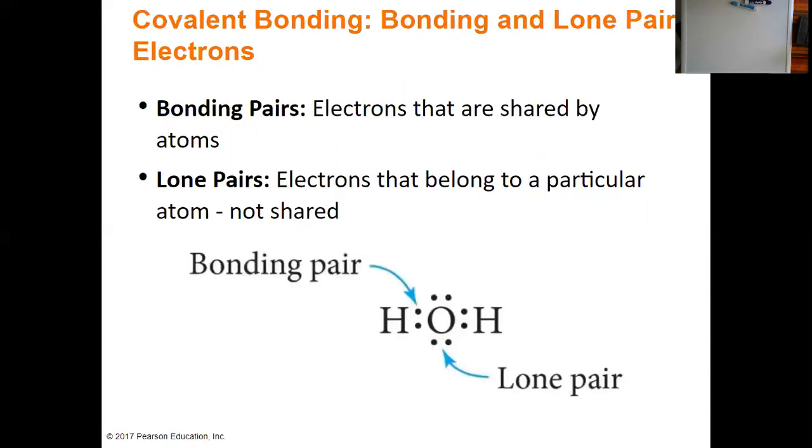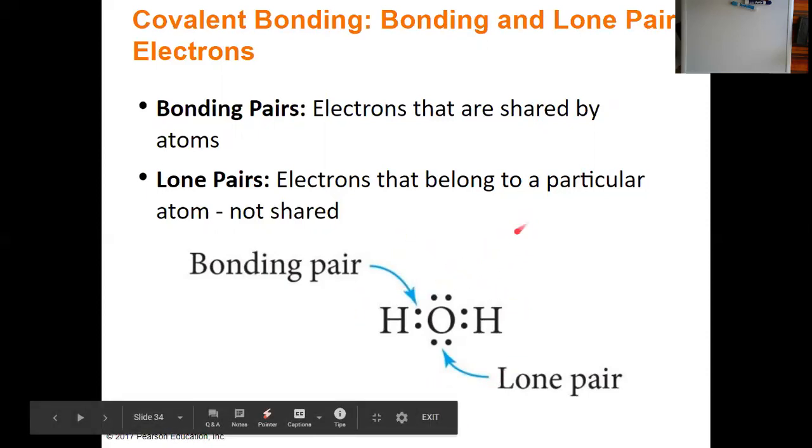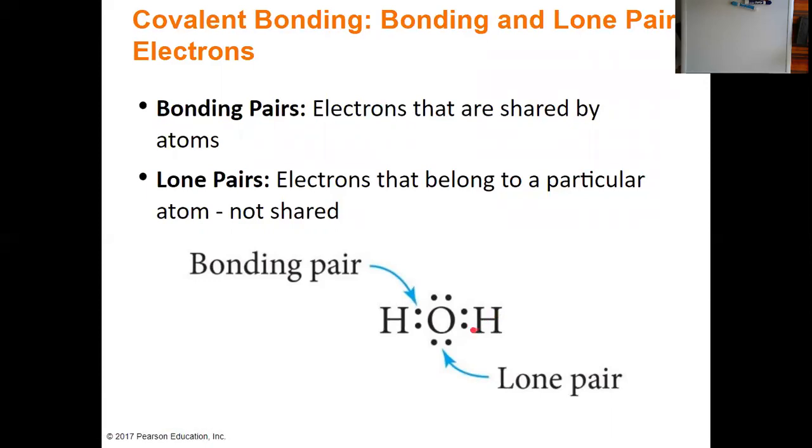So this is an example down here of a water molecule. These electrons that are written in between the oxygen and the hydrogen are bonding pairs of electrons. They're going to be electrons that are shared by both atoms and that count towards the octet of both atoms.